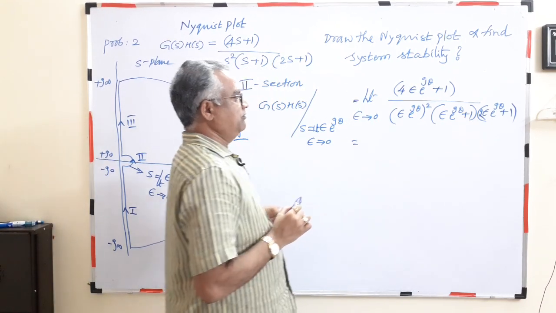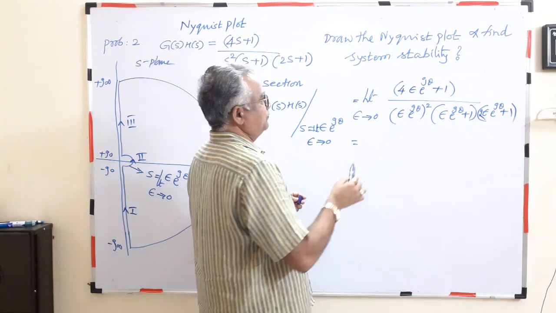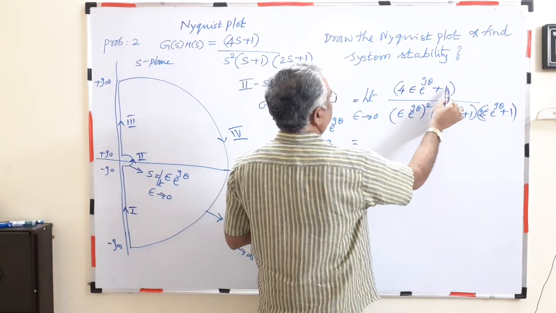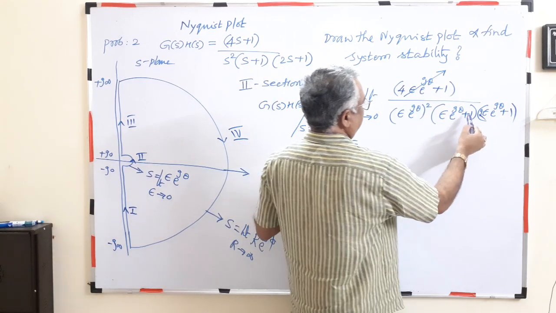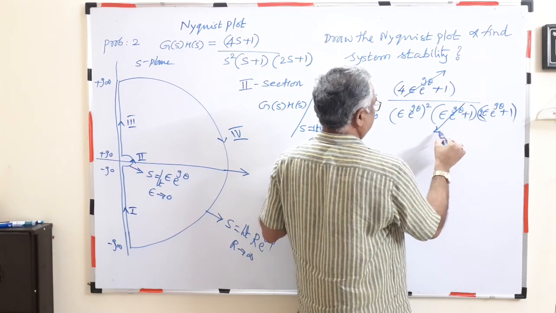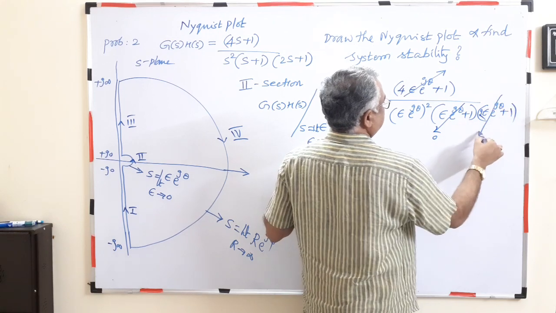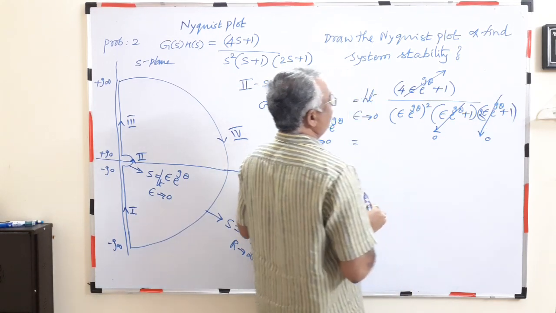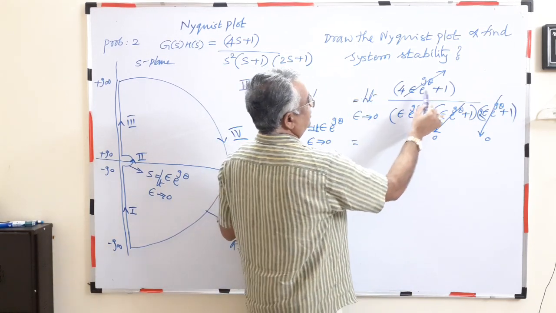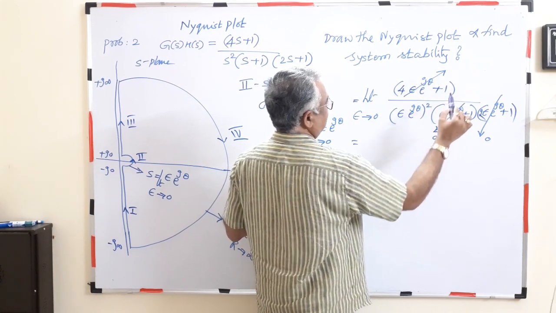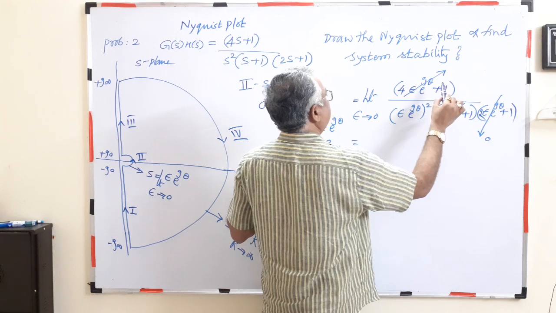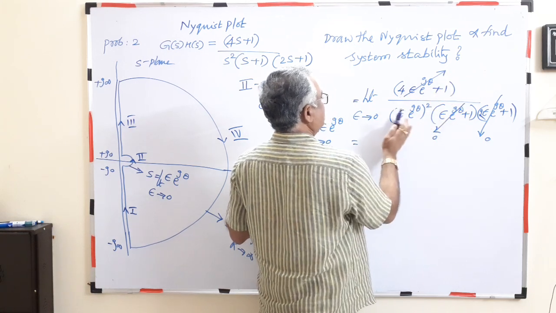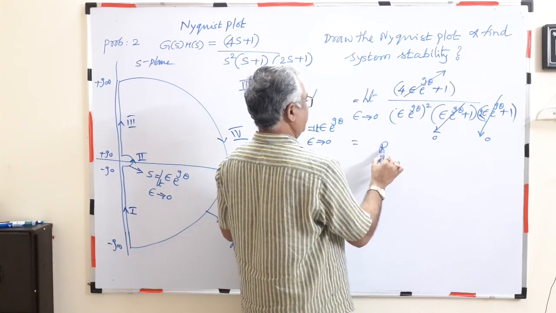So this we have to simplify. Epsilon is almost 0, comparing with 1, this is neglected. This is neglected. This is neglected. So what is remaining? Numerator, some constant, 1 into 1, anyway 1, by 0, so infinite.